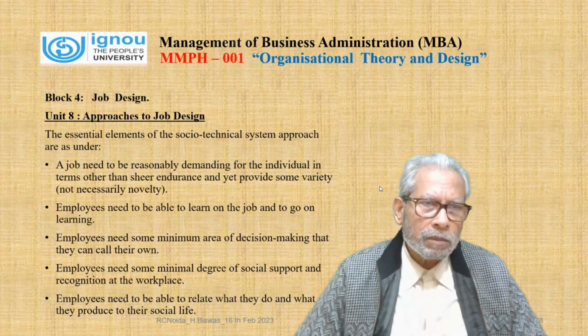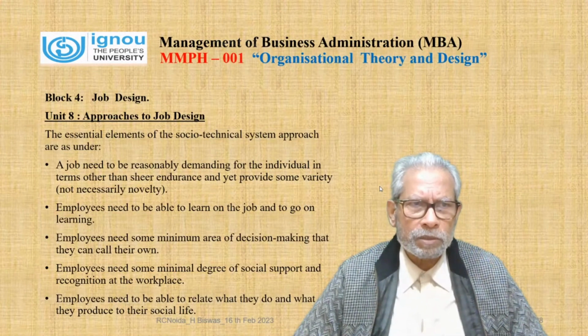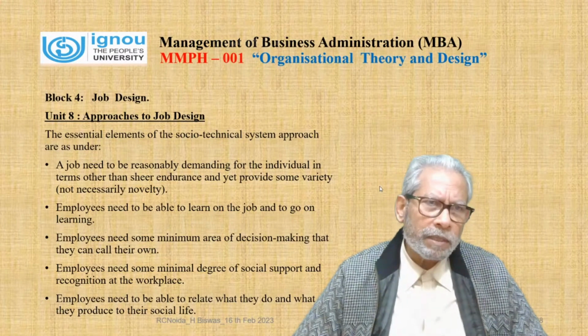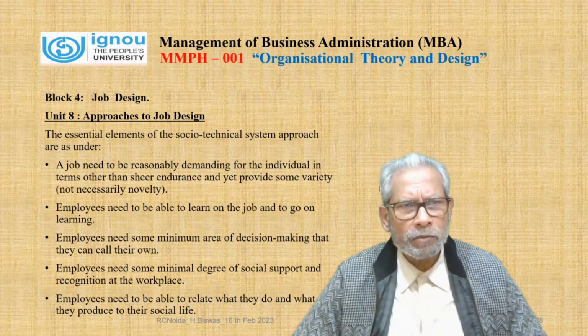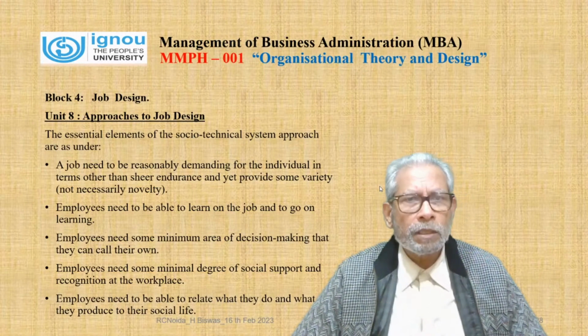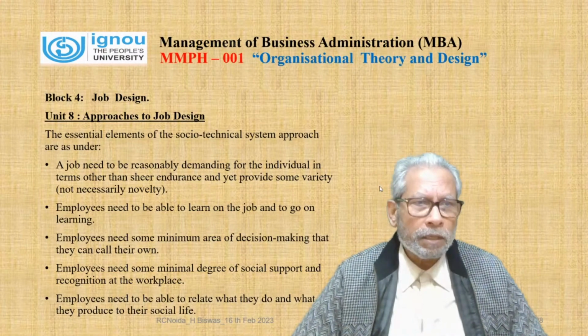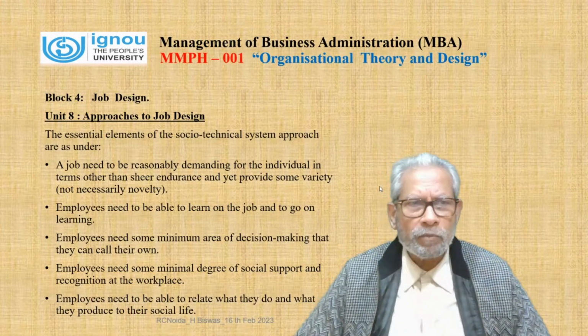Now, some of the essential elements of the socio-technical system approach are as follows. What are the elements that we have to see in sequence, one by one? The job needs to be responsibly demanding for the individual in terms other than sheer endurance, and yet provide some variety.